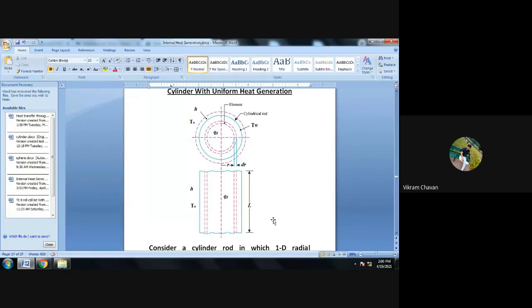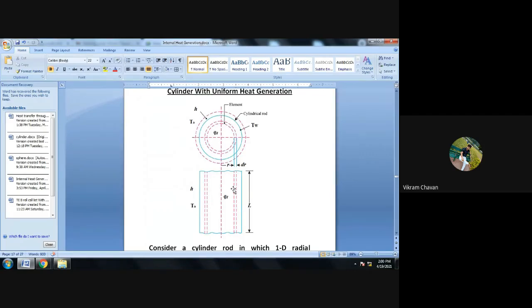In the second case, we considered that both surfaces of the wall have different temperatures. In that case, we derived the temperature distribution equation.